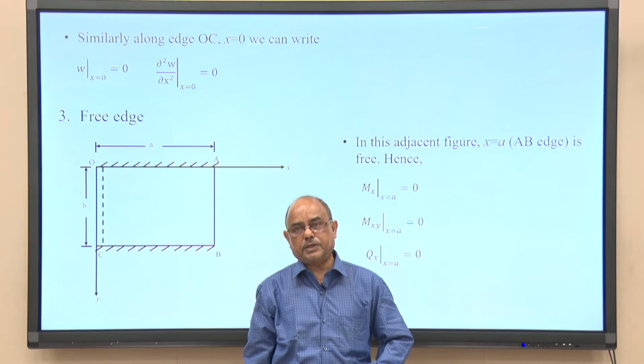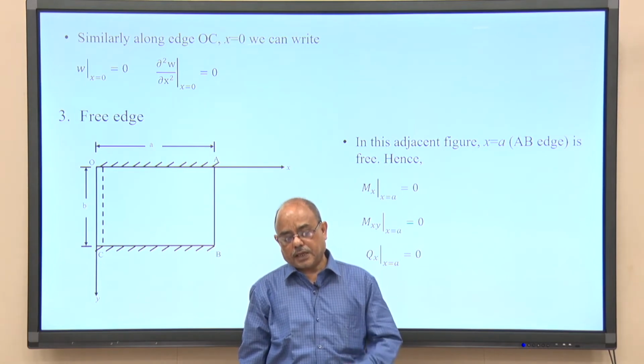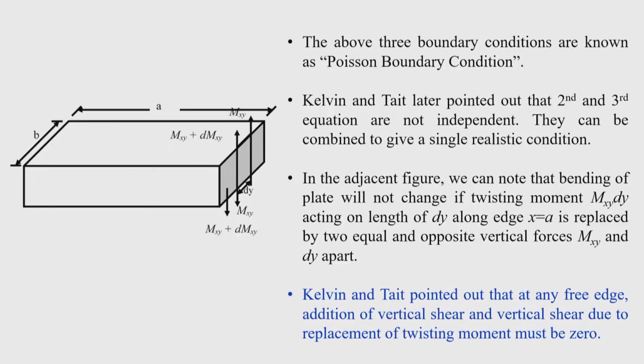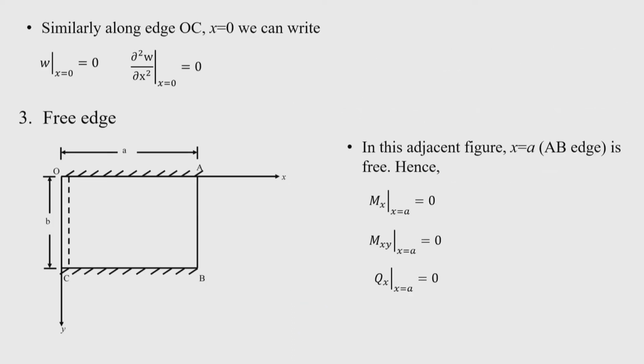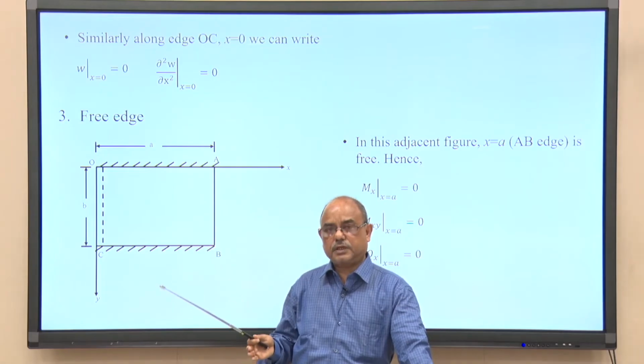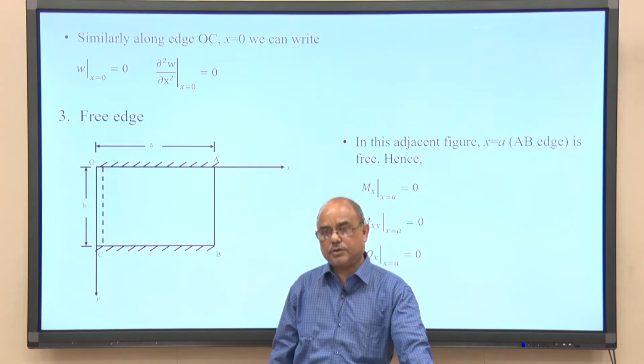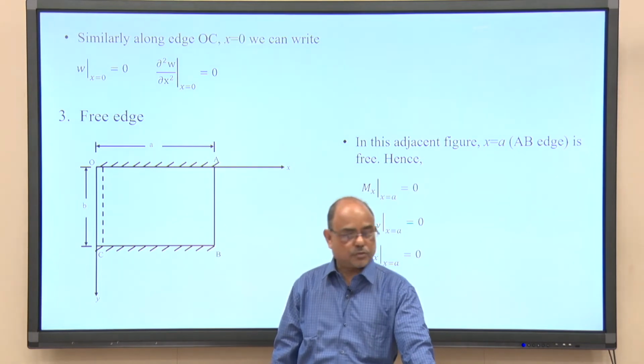These three conditions have been given by Poisson, and later on the other authors Kelvin and Tait found that three conditions are not necessary, because the last two conditions can be combined, that is, the shear force and twisting moment can be combined to give a single condition, because these are not independent quantities.